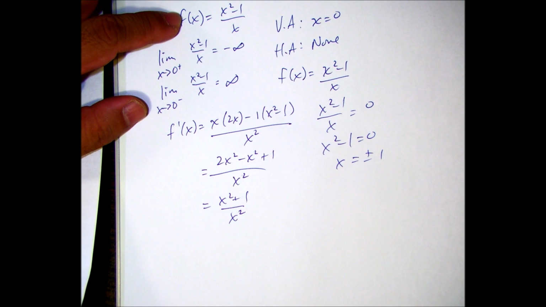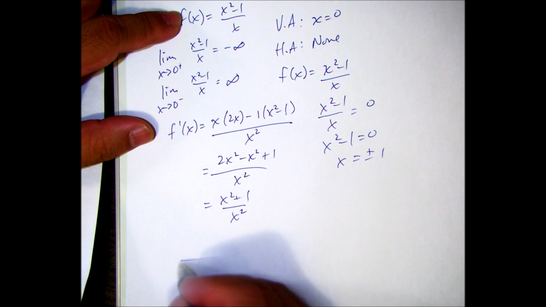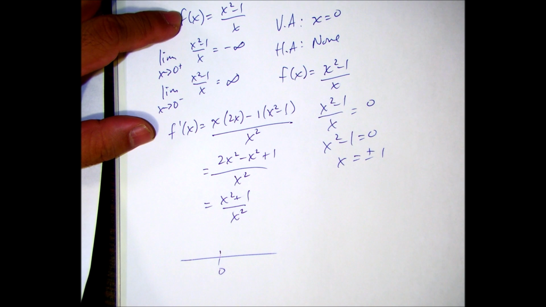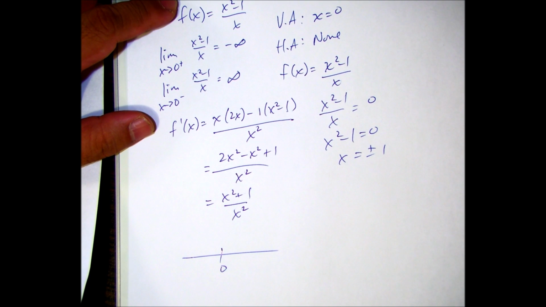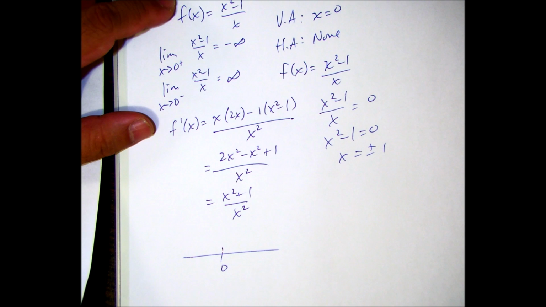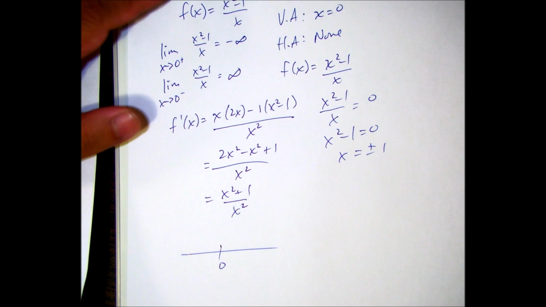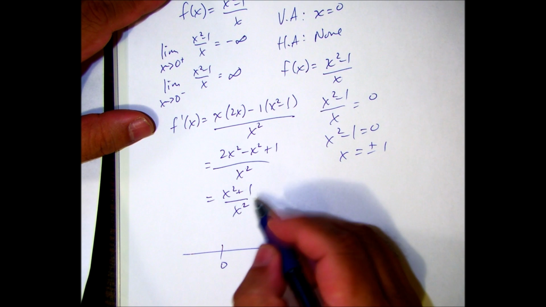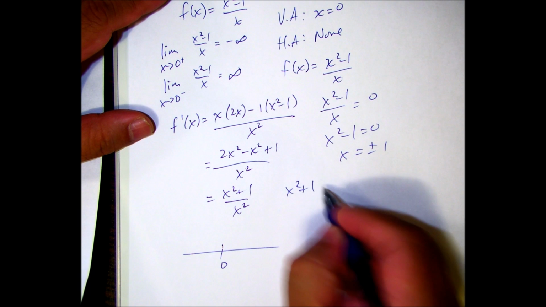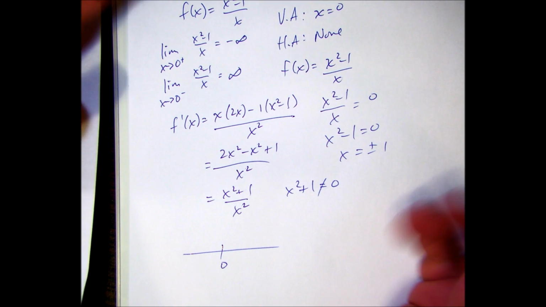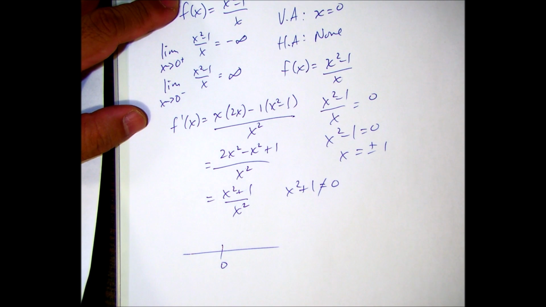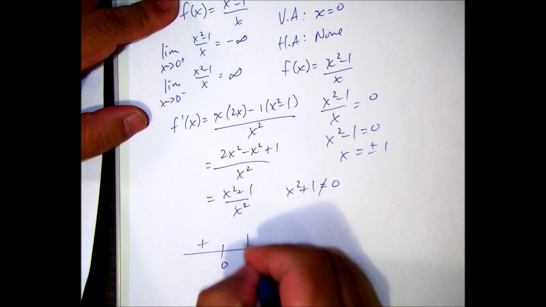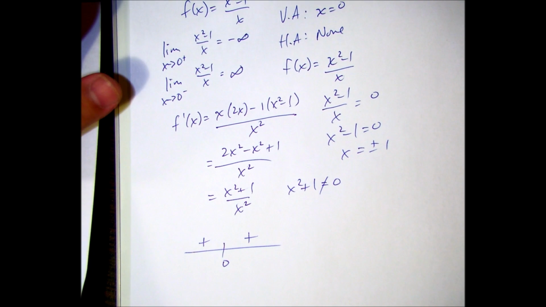However, we will look at it because points of discontinuity can be a break in the sign of the derivative, like it could change from positive to negative. The numerator is x squared plus 1, and that's never equal to 0, so nothing's coming from our numerator. Looking at the sign of the derivative, the numerator and denominator both have squares for their x, so the signs are positive. So no sign changes there.